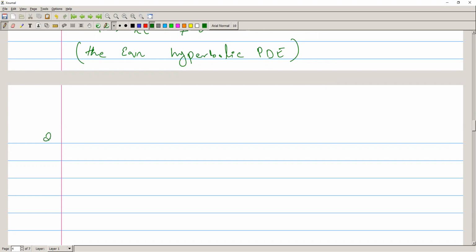Let's say a question is given: x times u_tt plus t times u_xt plus u_xx is equal to 0.